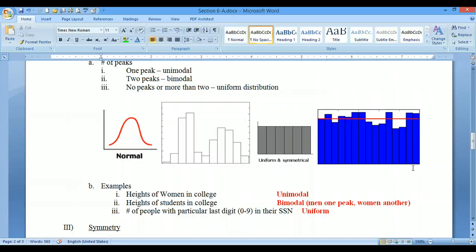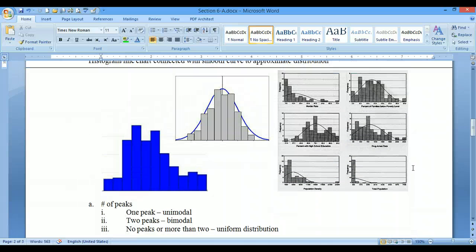Now if I say the heights of students in college, so that means all students, that gives us male and female. Well, I know women have an average height that is shorter than men, and as we talked earlier with our histogram, the histogram was binned data, and down here is an axis going from a low number to a high number.